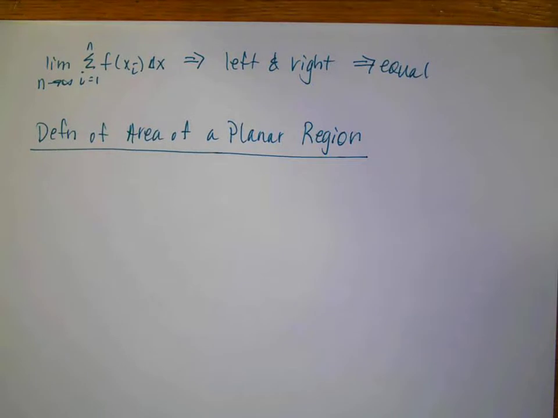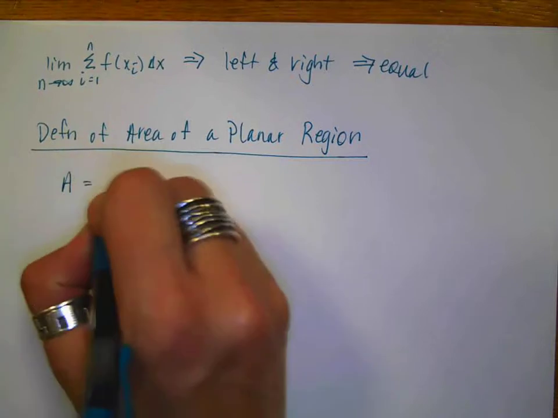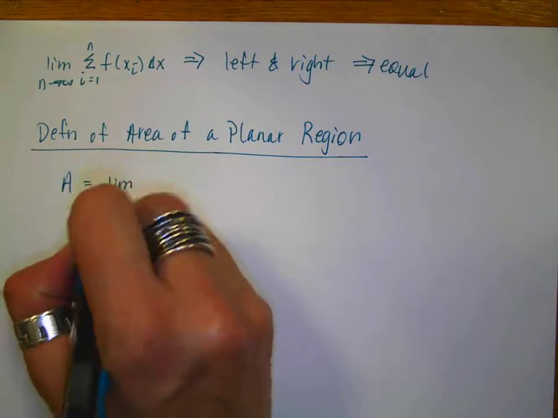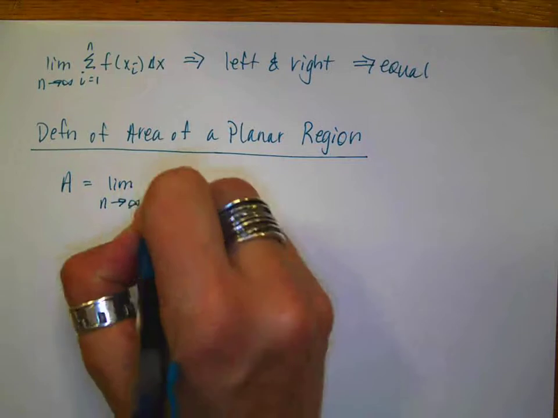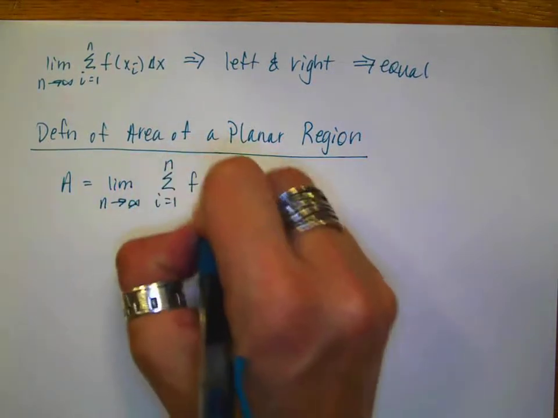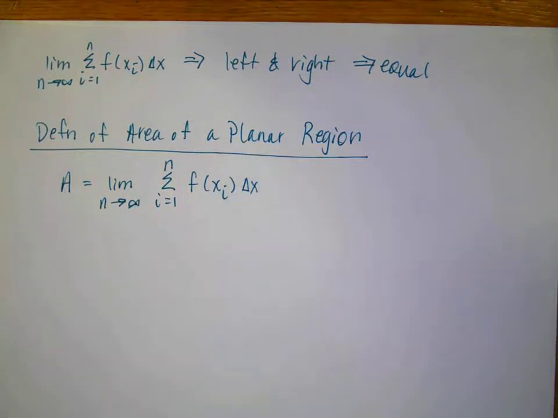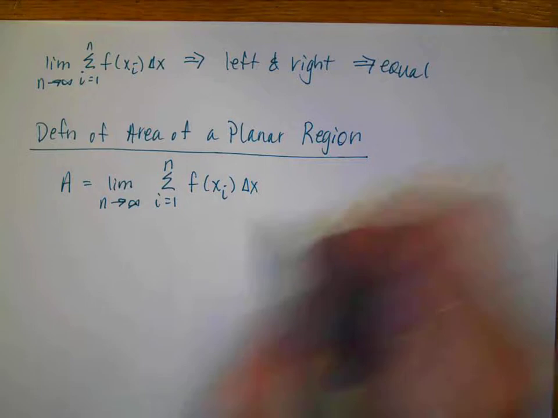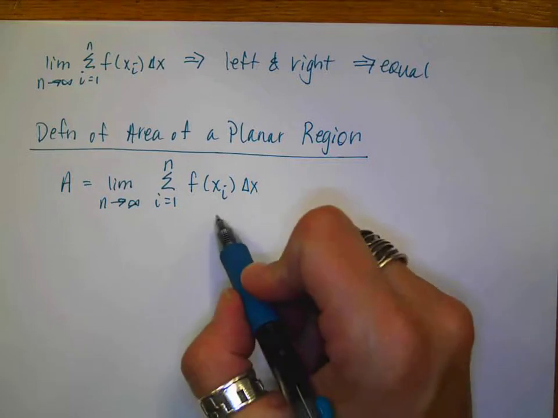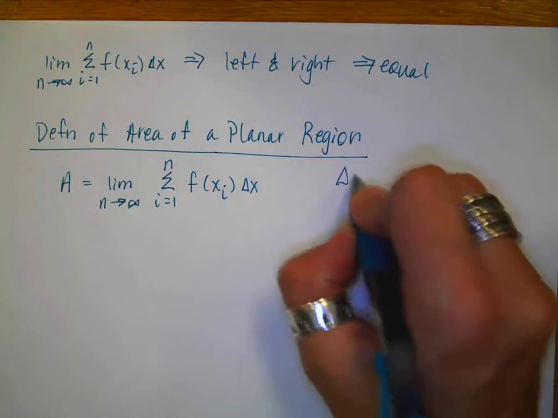Alrighty? So our formal definition for the area of a planar region, meaning that it's 2 dimensions and not 3 dimensions, says that the area is equal to the limit as n approaches infinity of the summation from i equals 1 to n of f of x sub i times delta x. So remember, once we eventually get to integrals, this process is significantly easier.